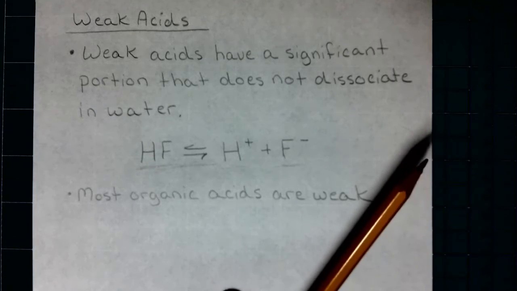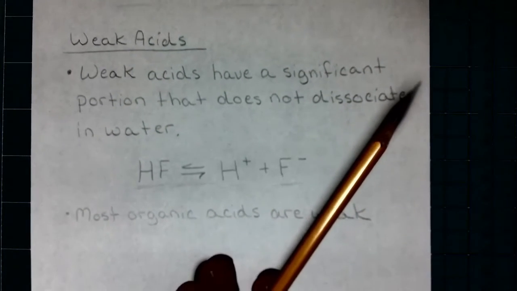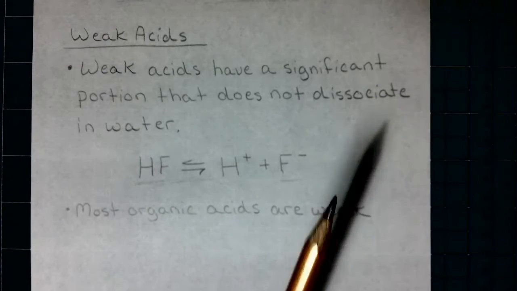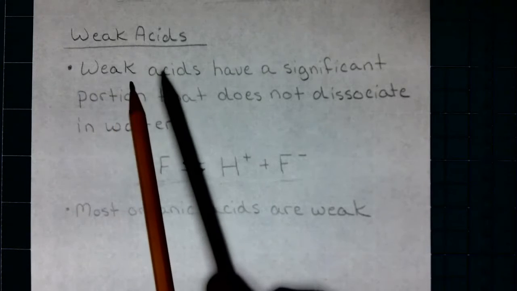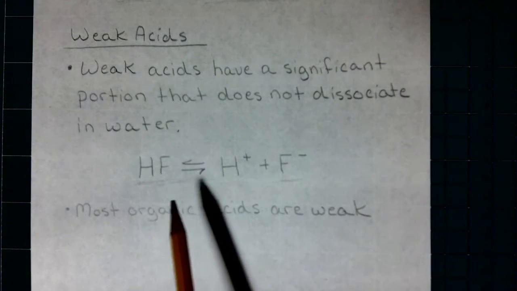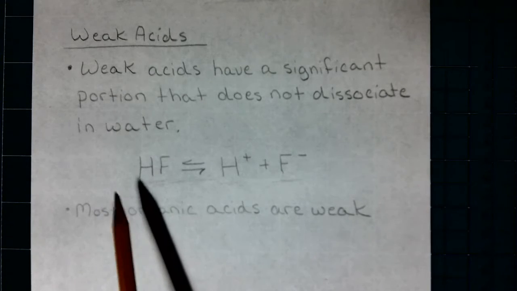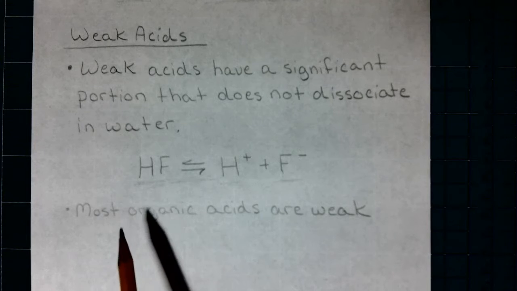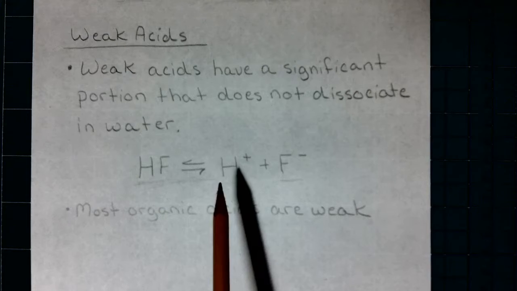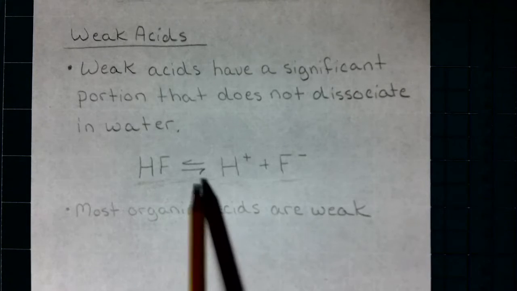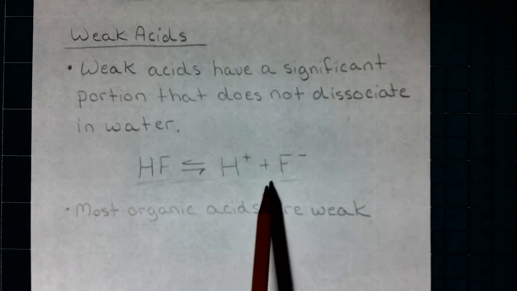I also want to mention, people get very confused about this terminology, weak and strong acids and the degree of dissociation. It's important to note that this only refers to how much these acids are dissociating and how many protons they can produce per unit of acid that you add. It does not have anything to do with the chemical or physical properties of the acid. Okay? Hydrofluoric acid, for instance, being a weak acid, can eat through glass.